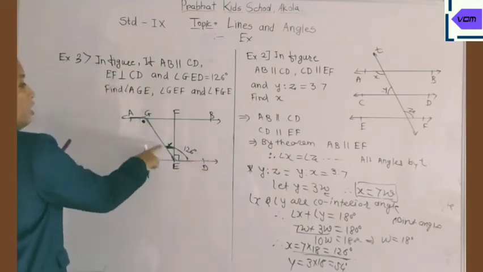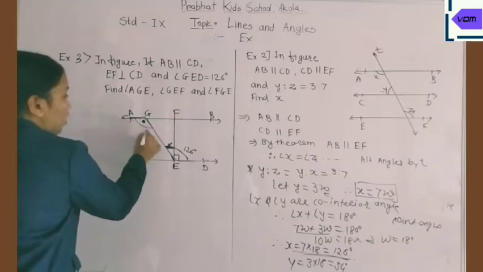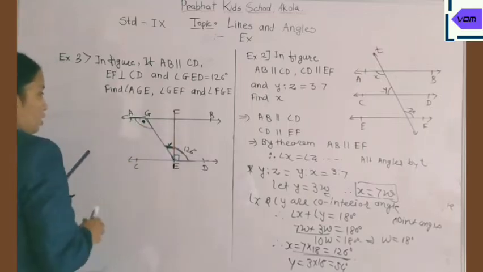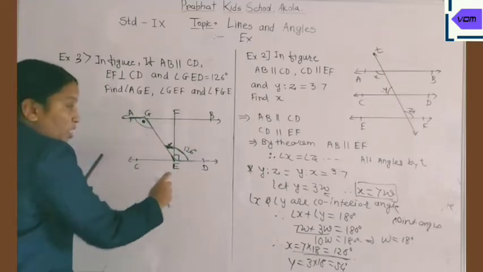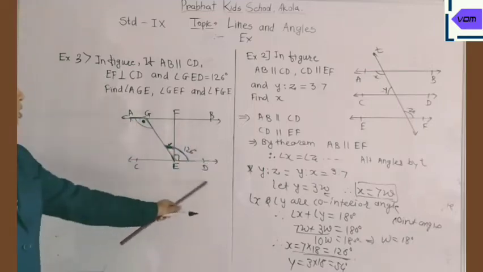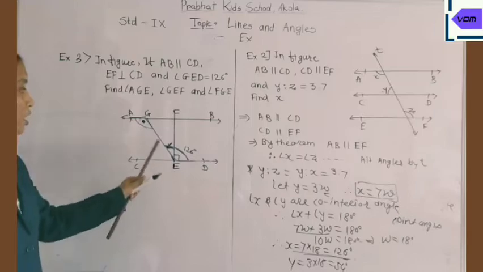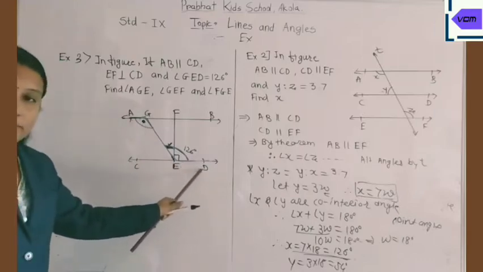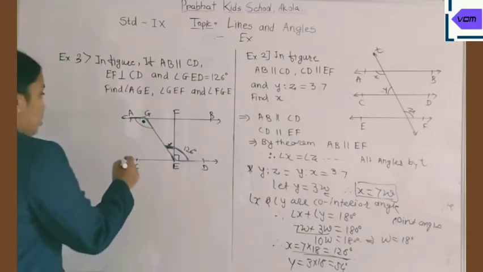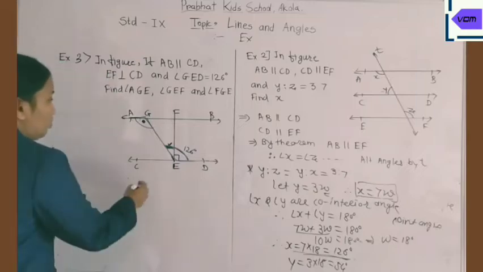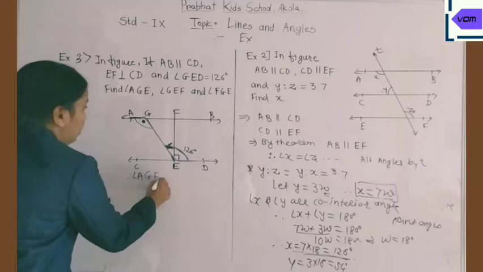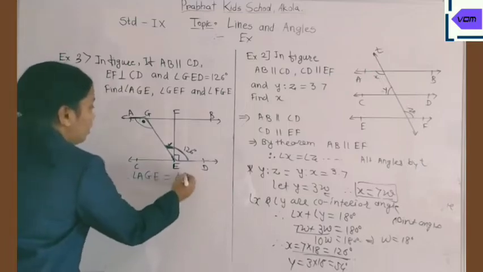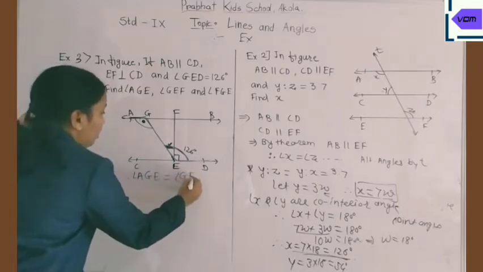these are the alternate angles. This angle is alternate to this one. Therefore, AB parallel to CD and AGE is equal to GED because these are the alternate angles. So in the solution, angle AGE is equal to angle GED.